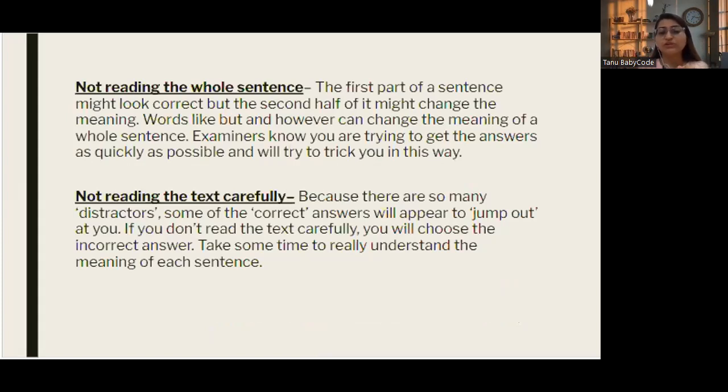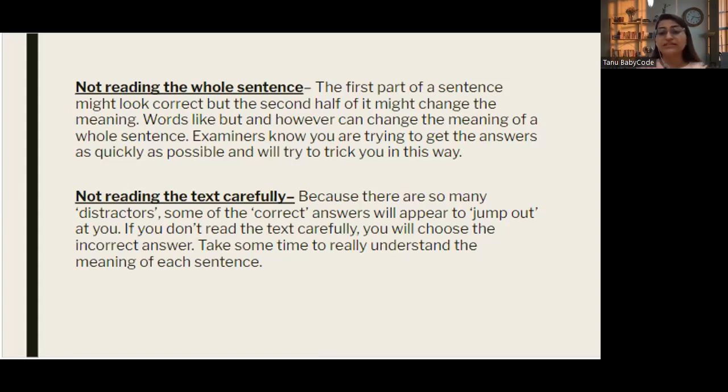Not reading the whole sentence: the first part of the sentence might look correct, but the second half of it might change the meaning as well. So words like but, however, can change the meaning of the whole sentence. Examiners know you're trying to get the answer as quickly as possible, but they will try to trick you this way. So please read the sentence very carefully.